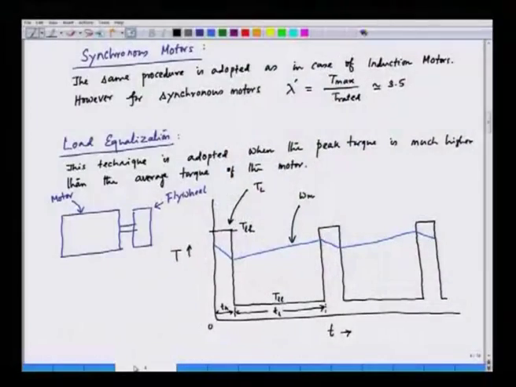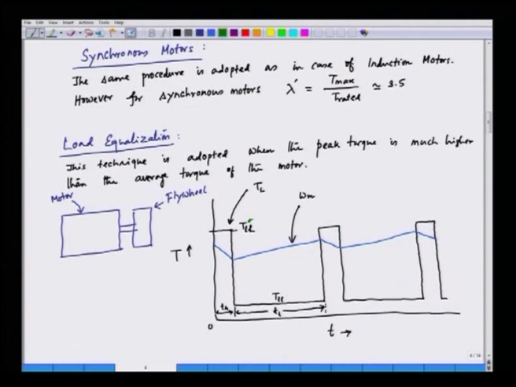In this case, the load torque has a high peak and a low peak, but the load is periodic as you have seen, and it varies between TLH and TLL as we have seen in the diagram. TLL is the low part of the load, applied for TL duration, and TLH is the high part of the load, applied for TH duration.